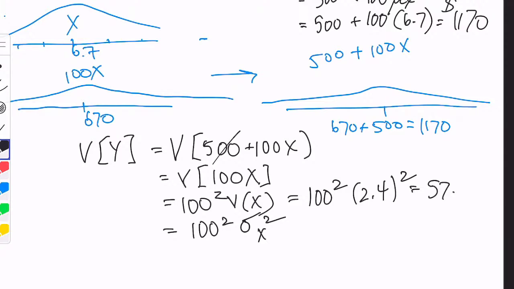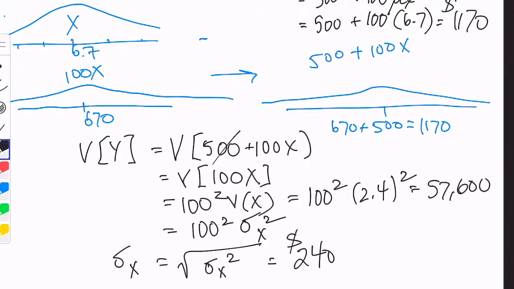But I'm not asked for the variance, I'm asked for the standard deviation. So what you just want is sigma x, not sigma x squared. So that's the square root of that, which is small. Okay?